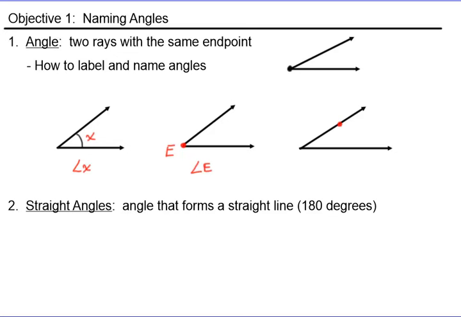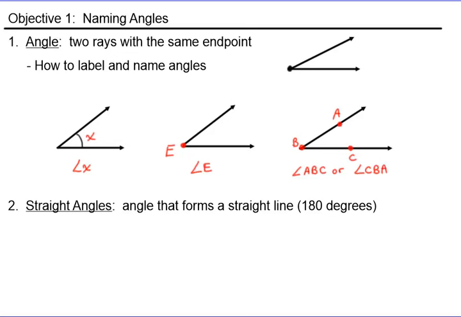So if I had a point here, here, and here, and we'll call this A, B, and C. The key is that the vertex always has to be in the middle, so we could call this angle ABC, or we could call this angle CBA. It doesn't matter. So that's how you name angles.